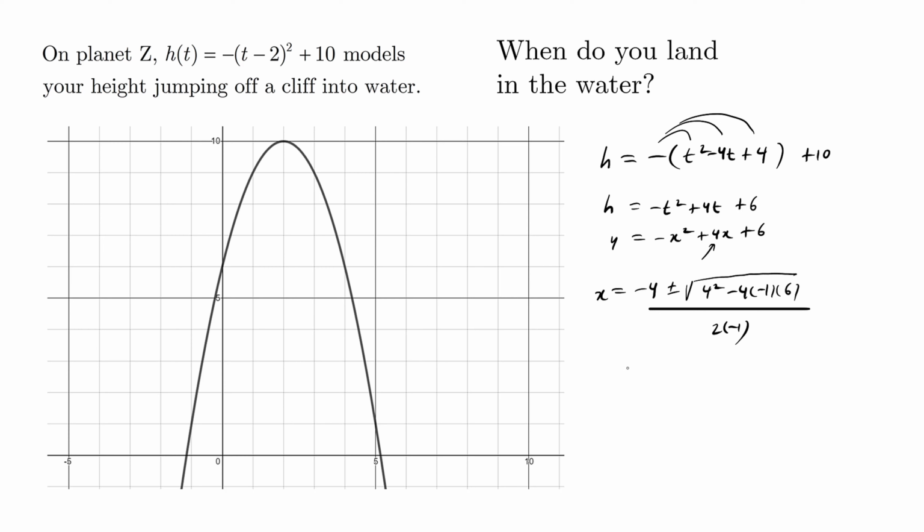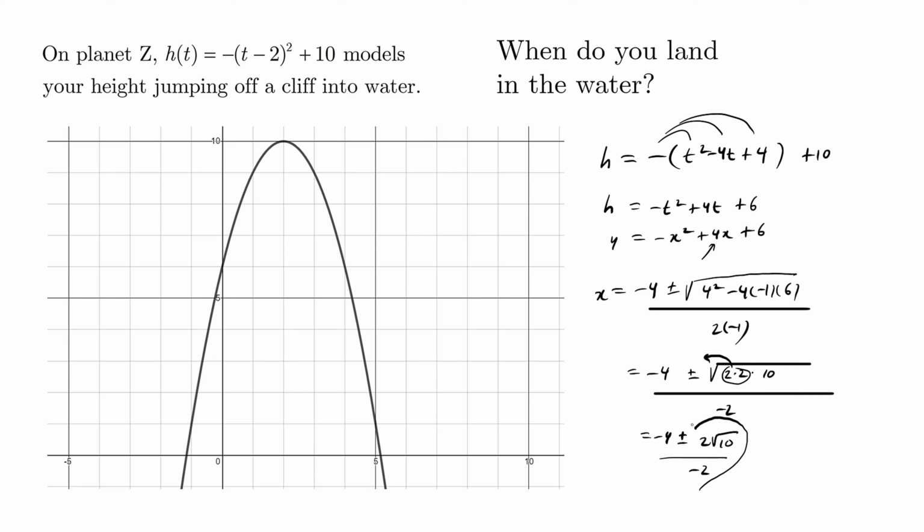And we just clean this up as being plus minus the square root of 40. Now 40 can be replaced with 2 times 2, which is 4, times 10. So we're going to make one of these 2's break out: 2 root 10 all over negative 2.